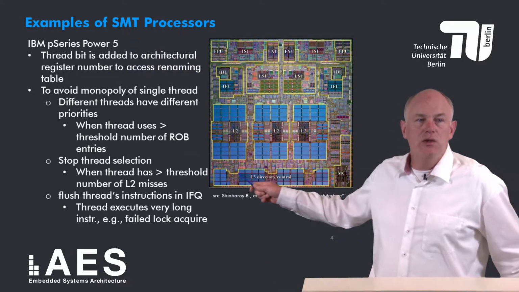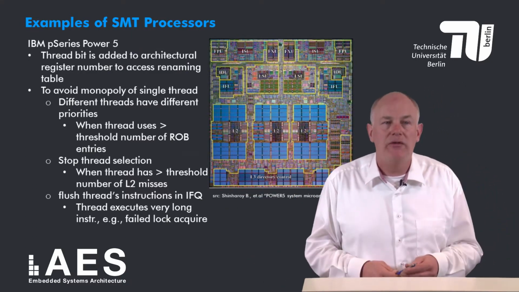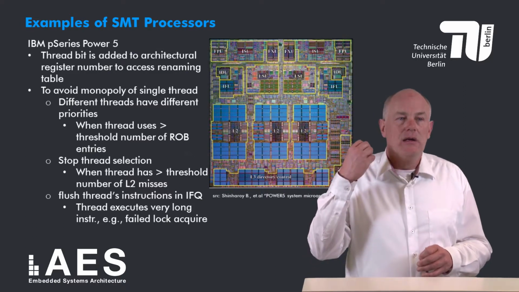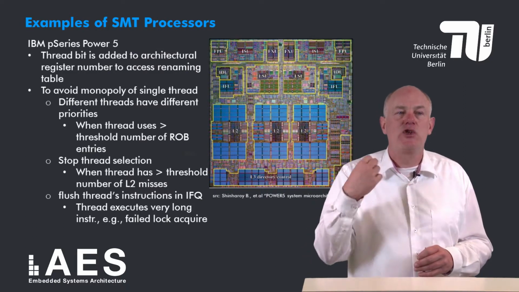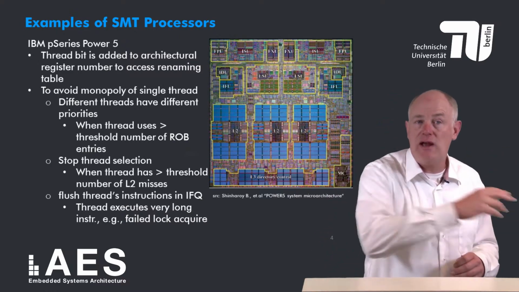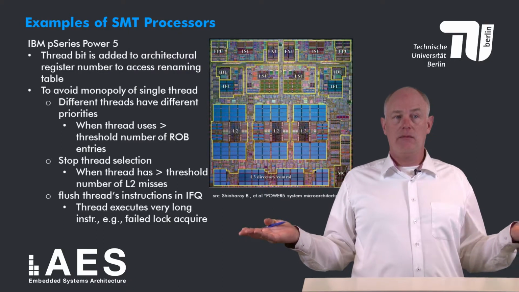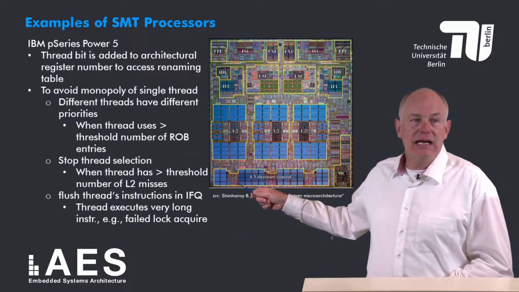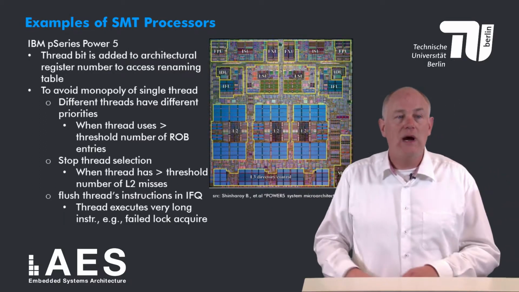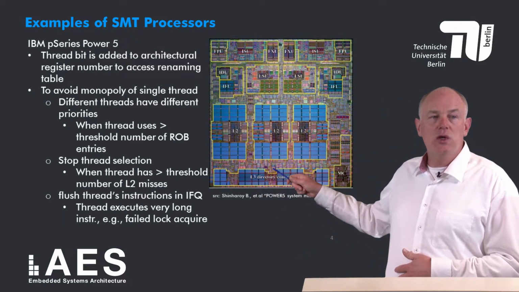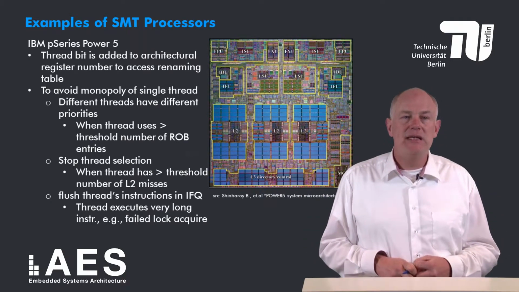When a thread uses more than a certain threshold number of reorder buffer entries, then issuing from this thread is stalled, so that the other thread also gets a chance, because otherwise it would not be fair. And we stop thread selection when the thread has exceeded a threshold number of level 2 cache misses.